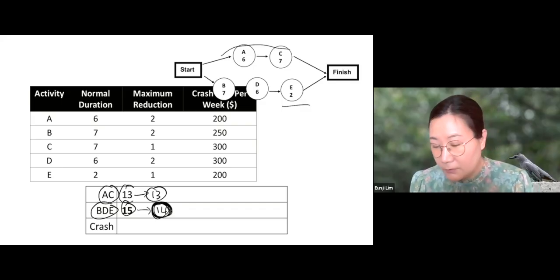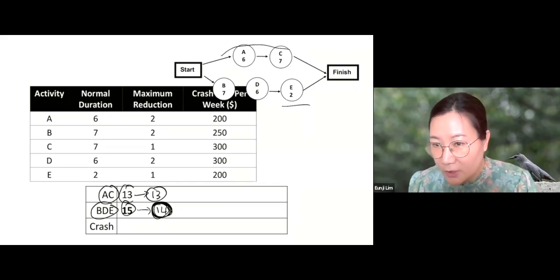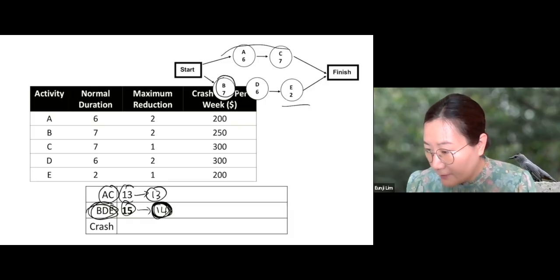So this story tells us that to reduce the duration of the entire project, we need to reduce the duration of the longest path, the critical path, right? So now we need to reduce the duration of the lower path. So in the lower path, we have 3 activities, B, D, and E.